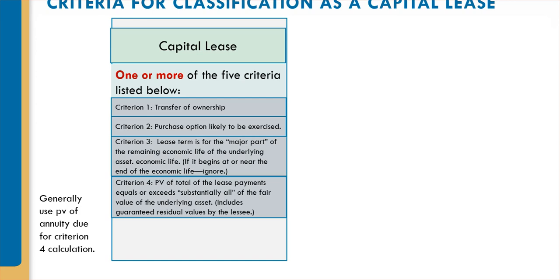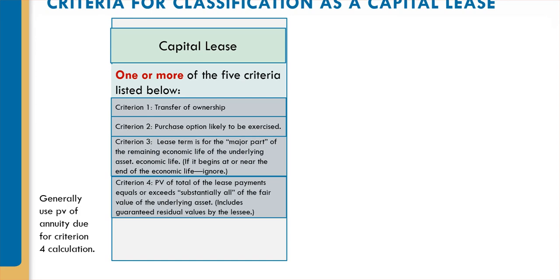But if there's a presumption that that property is going to change hands and you sign a rental agreement, the presumption is that that is really a capital or finance lease. It's not a rental. It's really something that's more like an installment sale.